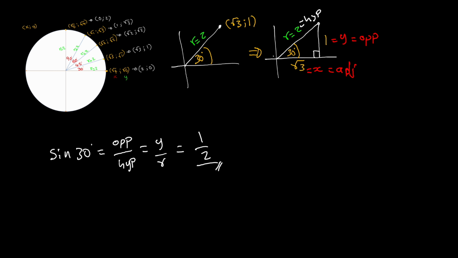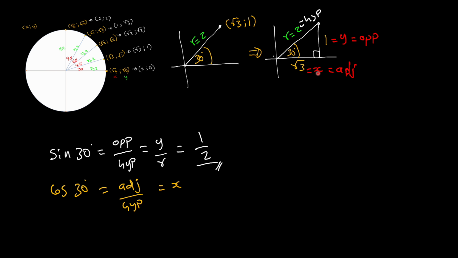So this means that sine 30 is equal to 1 over 2. All right? Now, let's tackle the second part where we have cos 30. Cos 30 is adjacent over hypotenuse. So adjacent is x.